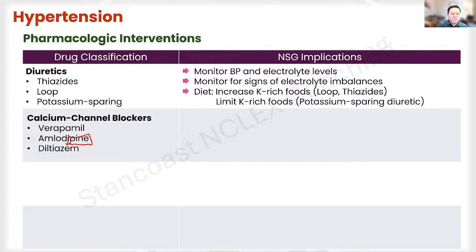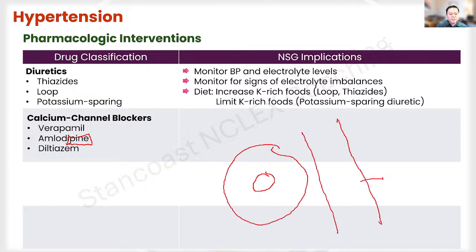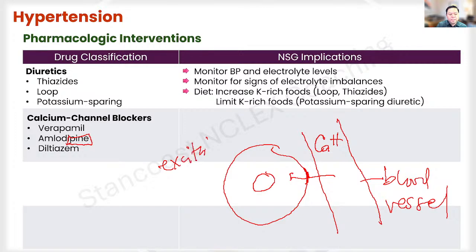So again, what is the effect of the calcium channel blocker? So let me just draw this one right here. Supposing this is the blood vessel. And then this is our cell. If there is entry of calcium ions into the cell, it can increase the excitability of the cell.